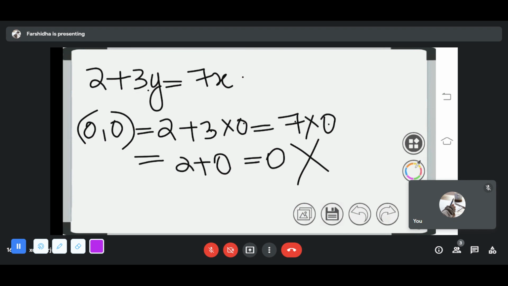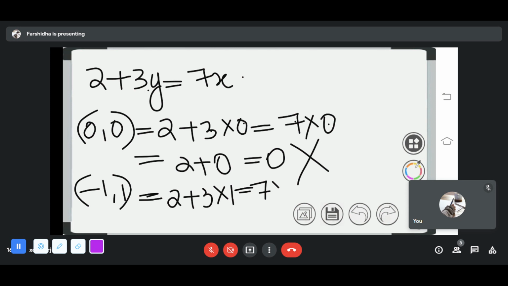If you want, you can see the next point also, minus 1, 1. Put y equal to 1 and x is equal to minus 1. That is 2 plus 3 into 1 equal to 7 into minus 1.